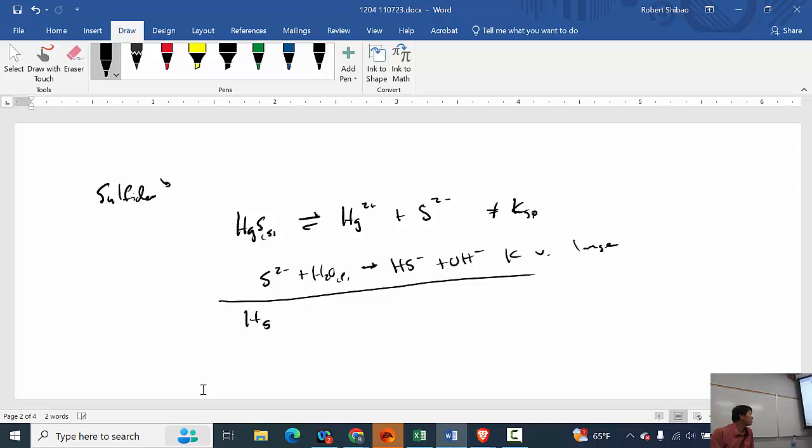So we add these two equations up, the sulfides cancel, and we end up with HgS solid plus H2O liquid going to Hg2+ plus HS- plus OH-. And this is KSPB. I usually call it KSP double dagger.